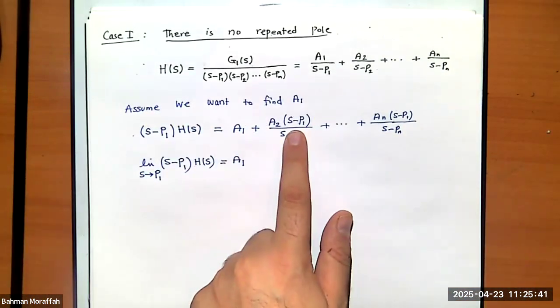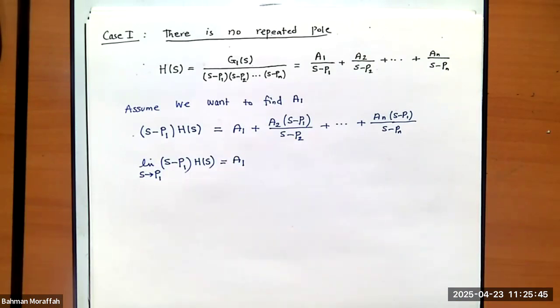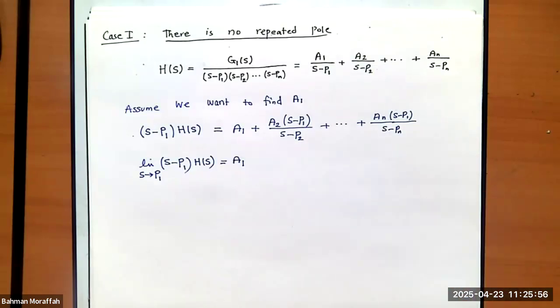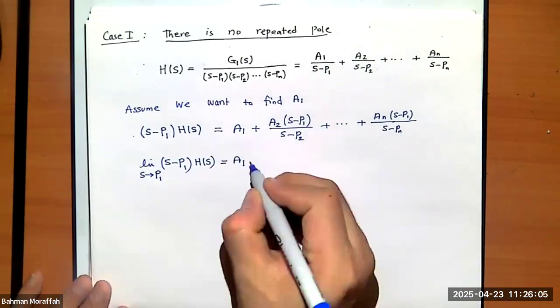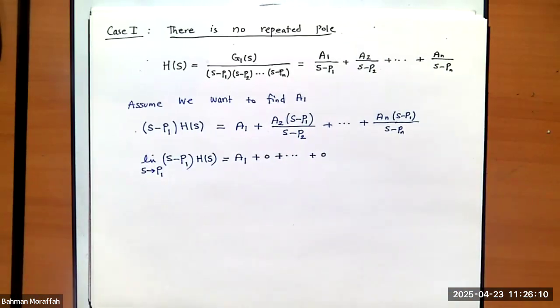Because the numerator is 0 and the denominator is not 0. So I have 0 divided by something nonzero, so the whole thing must be 0. That's because the poles are different, so P1 is not the same as P2. So all these other terms are actually 0.